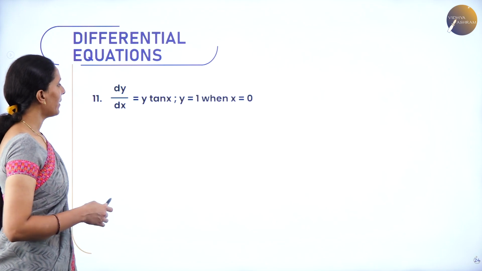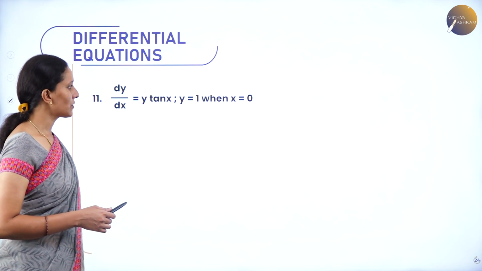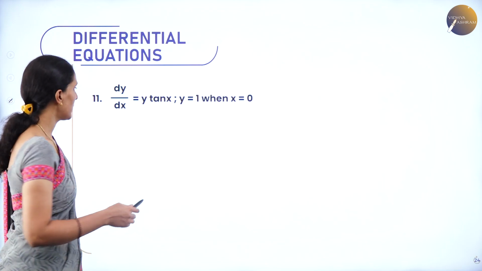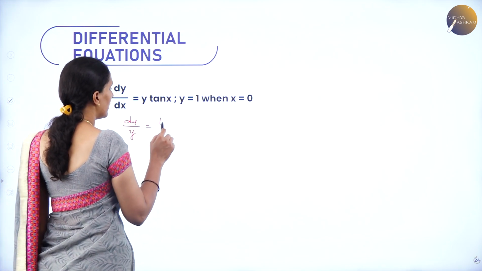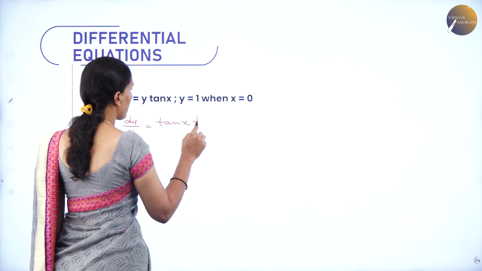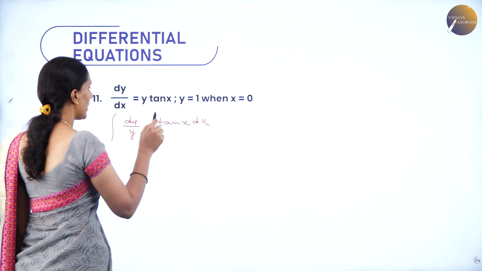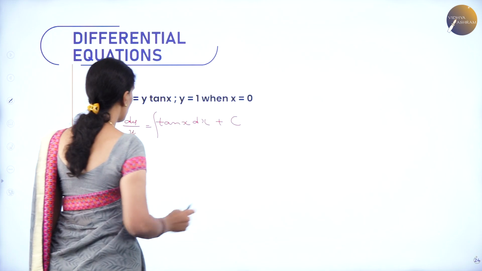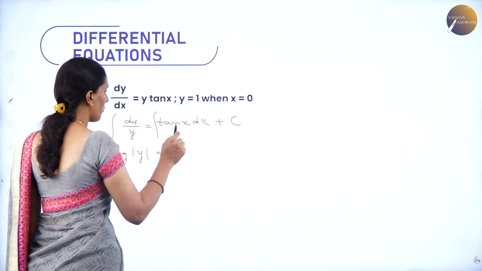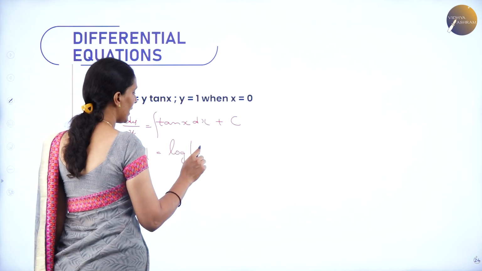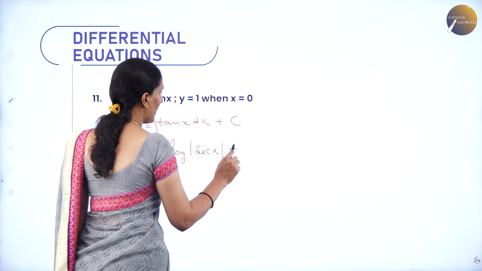Next, dy by dx is equal to y tan x. Y is equal to 1 when x is equal to 0. So I will separate it into dy by y equals tan x into dx. Integrate it on both sides, adding an integration constant. This becomes log y equals log of modulus secant x plus c.